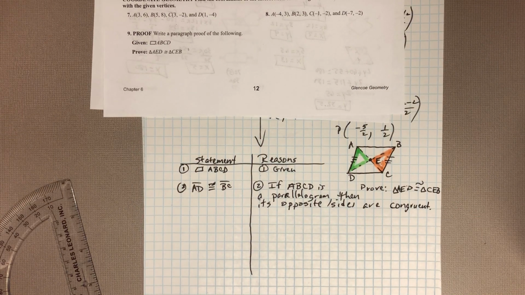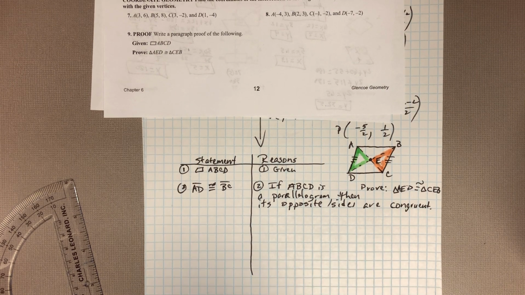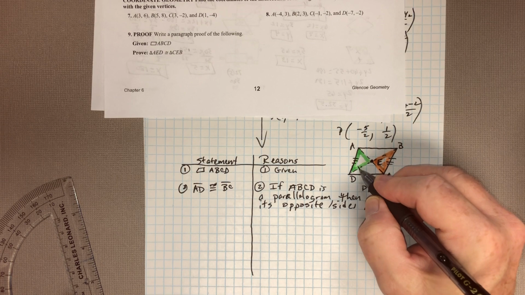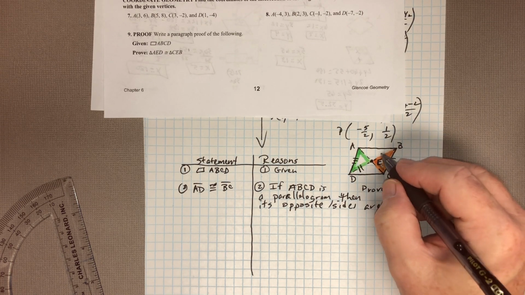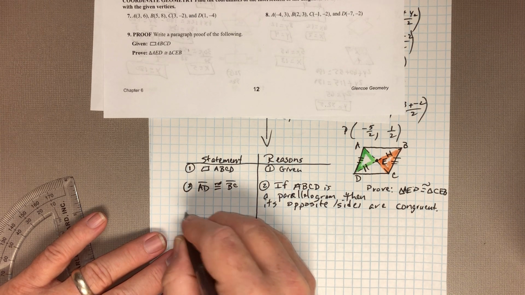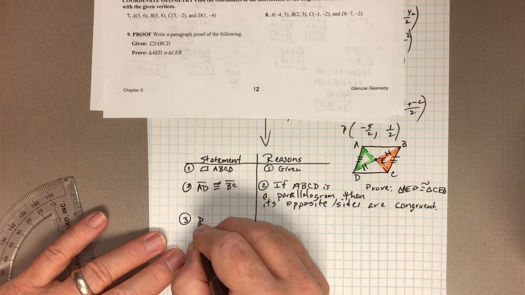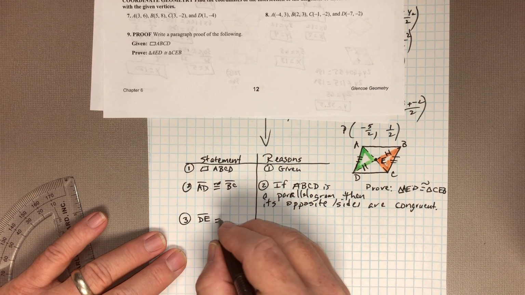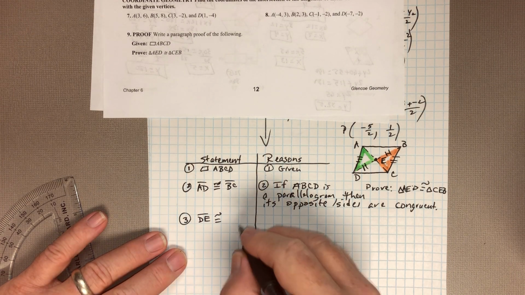Now, we also know that segment DE is congruent to segment BE. So that could be my third statement: segment DE is congruent to segment BE.